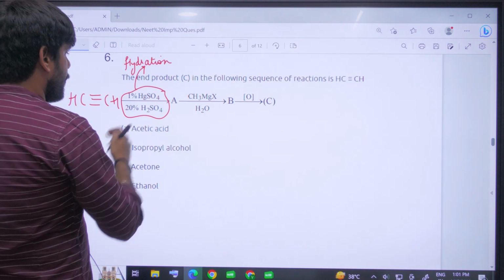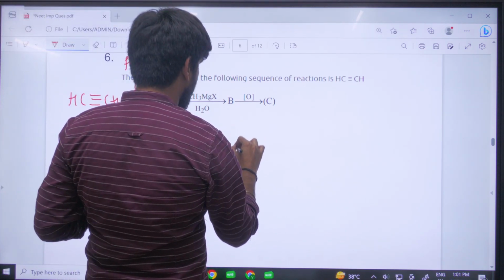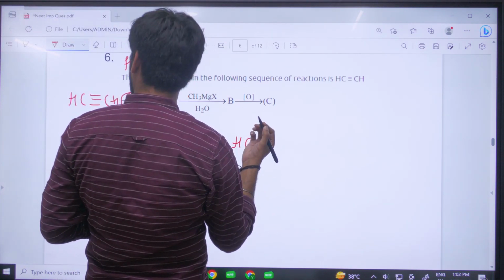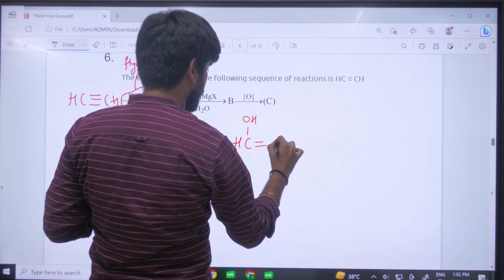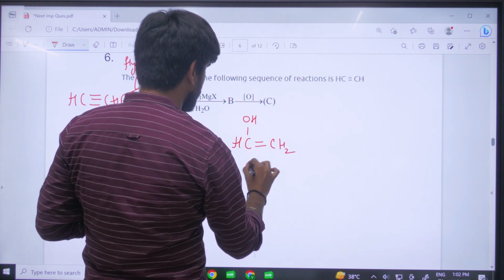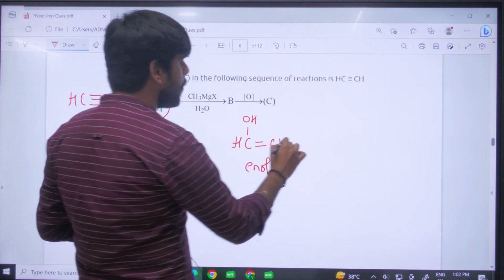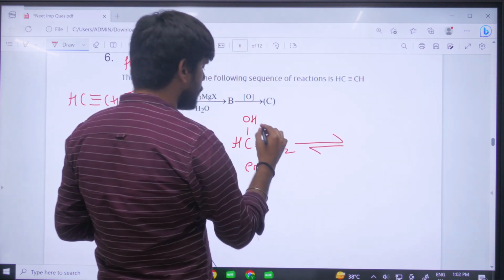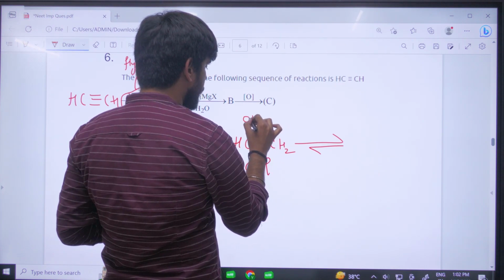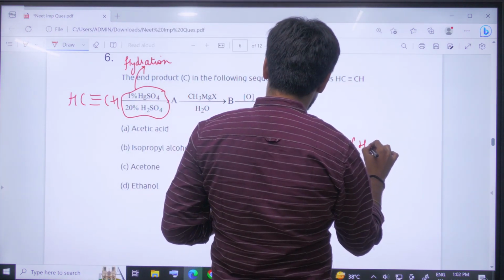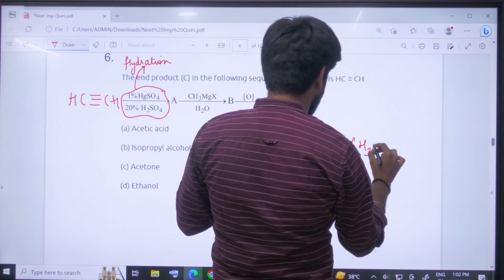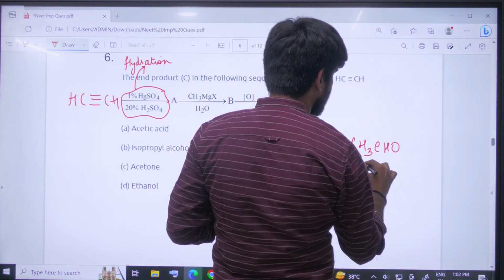So what do I have in the first step? You will have something like this. This is your enol form. You know that this enol form will tautomerize to the keto form, right? This will attack over here and this bond shifts here. So what do I have? I have CH3 and CHO. I'll get acetaldehyde.